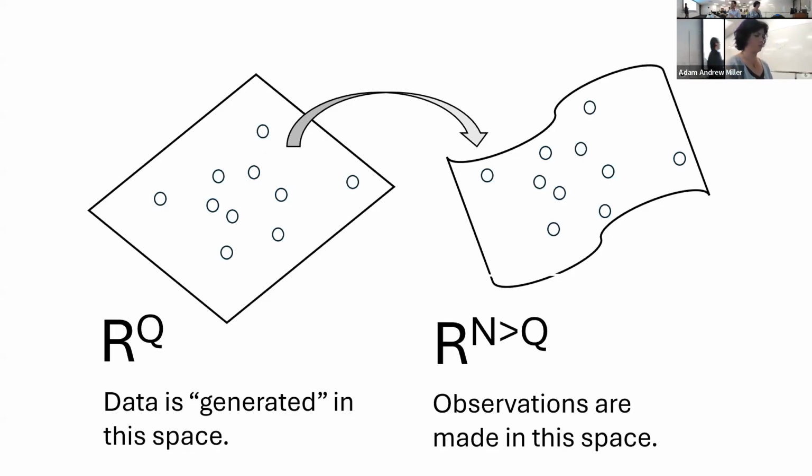As an example, we could say galaxy colors, maybe 6 bands, so data that exists in R6, so 6 bands observed by LSST, or pick your favorite facility. We suppose that actually some lower dimensional space is responsible for generating those colors. And we want to learn something about that low dimensional space. So data is generated in a low dimensional space. It's mapped into a high dimensional space that we observe. And the idea behind representation learning is that we're going to go back to this low dimensional space.